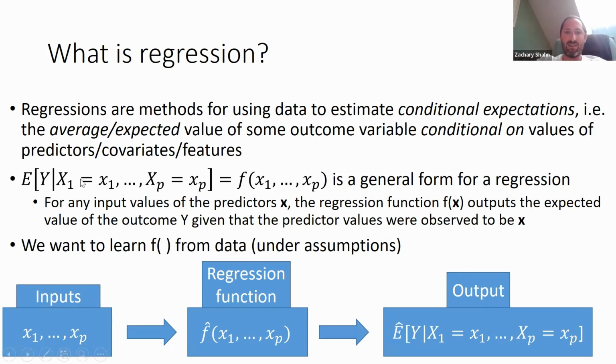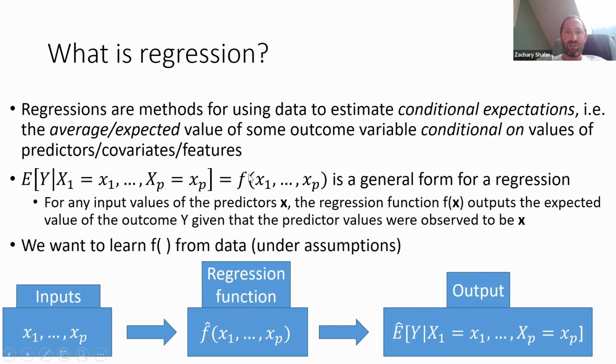So in mathy notation, the conditional expectation is the expectation of Y, vertical line. Y is the outcome, and the predictors and covariates are all these X's. So the conditional expectation of Y, given that you observe that all these X variables, big X1 through big Xp, take values little x1 through little xp.